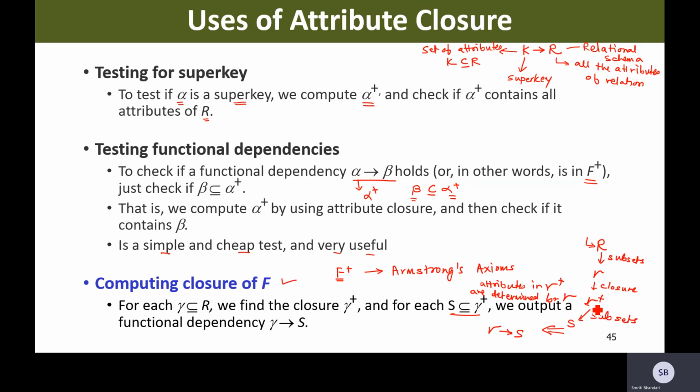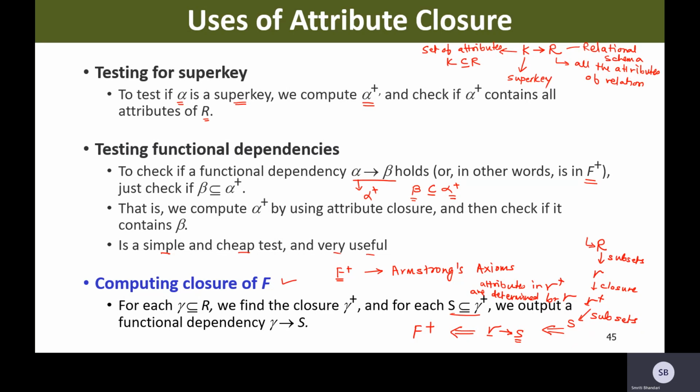So after computing gamma plus, we find all the subsets of this gamma plus, and we output the functional dependency like gamma determines S. All such functional dependencies are members of our F plus.